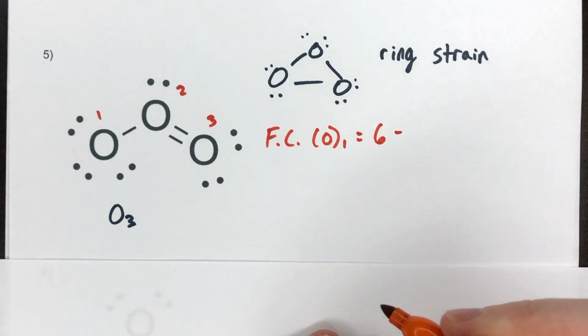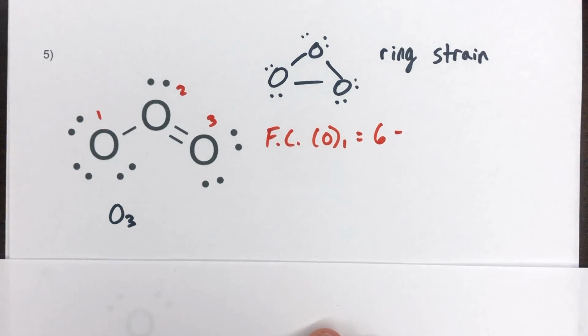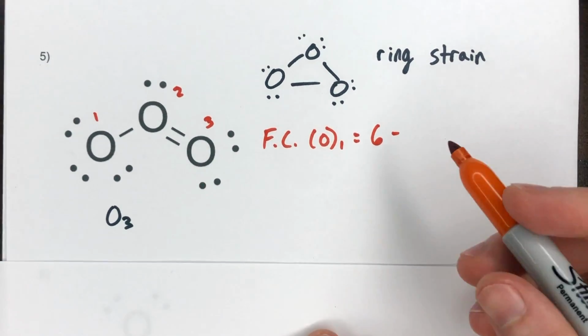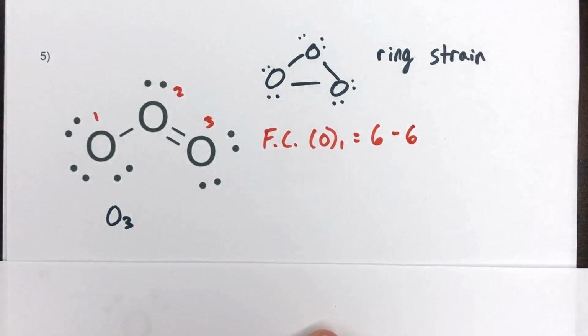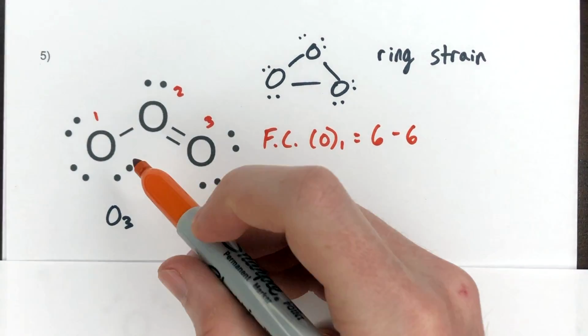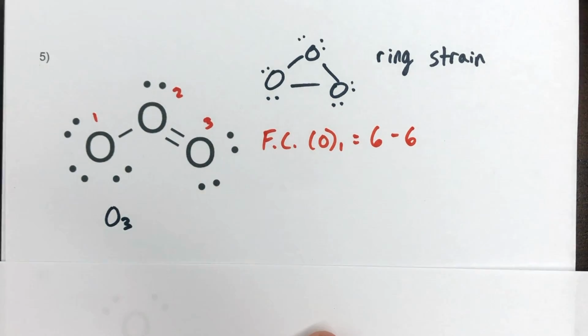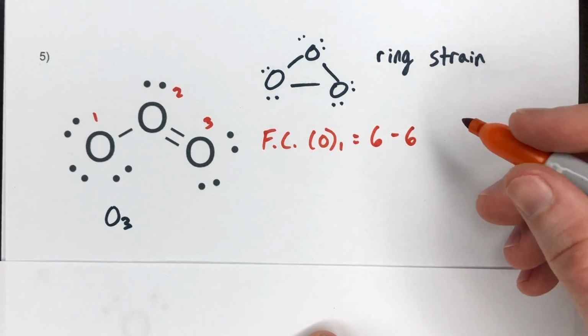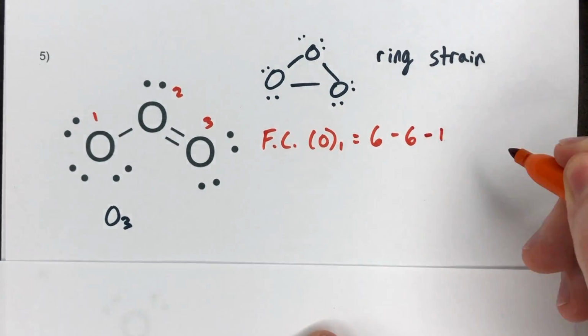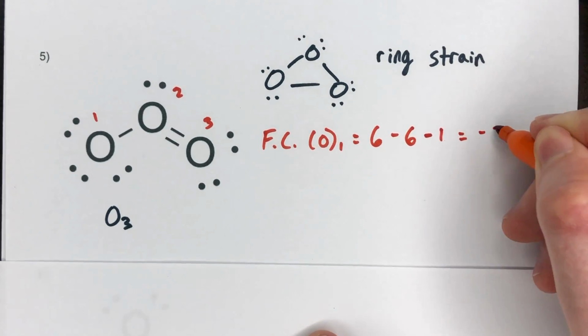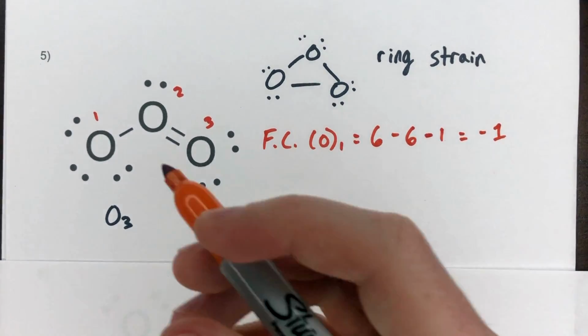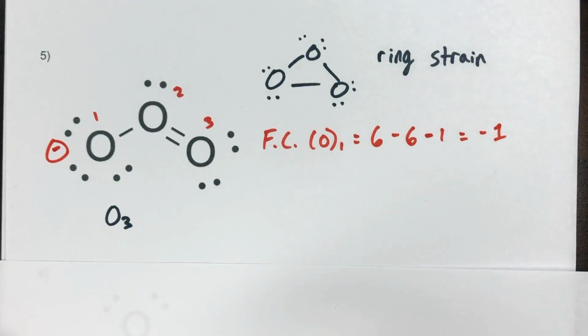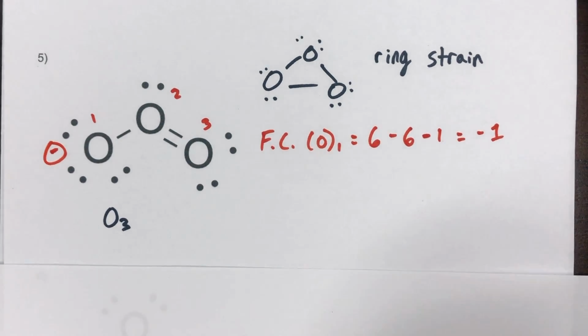Then we subtract the number of lone pair electrons, which is 6 here. 3 lone pairs, 6 total electrons. 6 minus 6 is 0. And then we have to subtract the 1 bond between oxygen 1 and oxygen 2. So this is 6 minus 7. This is negative 1. So our formal charge at oxygen number 1 is negative 1.